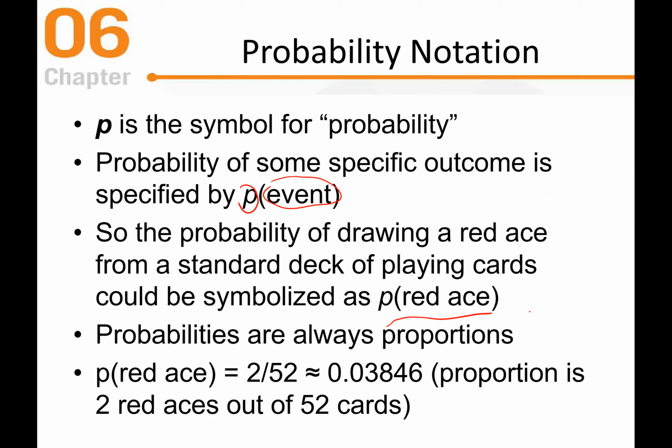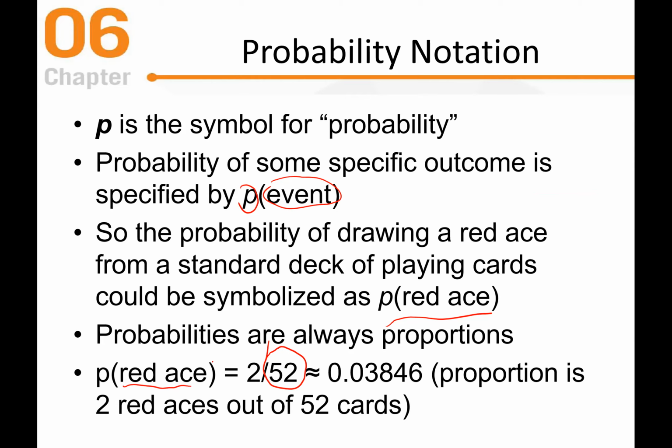Our probabilities are always proportions. So take the probability of getting a red ace in a deck of cards. A deck of cards has 52 cards, so 52 is the number of total possible outcomes. The numerator in the probability is the number of outcomes classified as that particular event. So how many red aces are in a standard deck of cards?